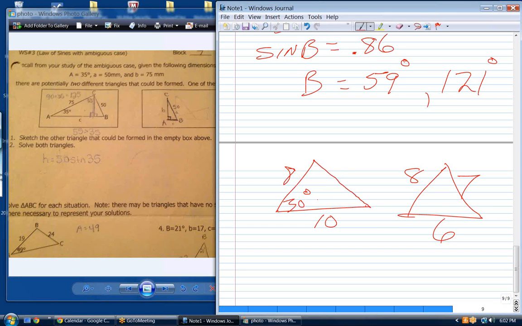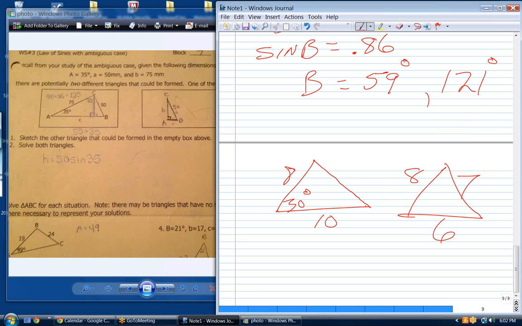So we can't apply the law of sines to the situation on the left, and on the right we don't have an angle. So those two require you to use the law of cosines to begin, but once you've solved for one more piece of the triangle, then you go into the law of sines to finish.